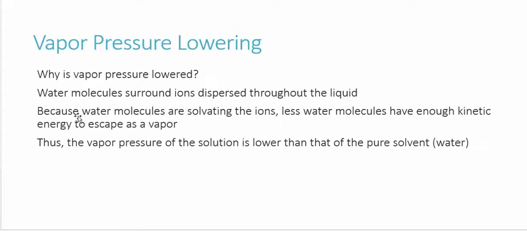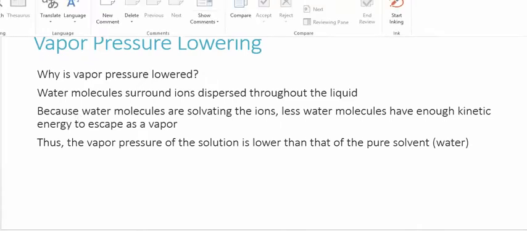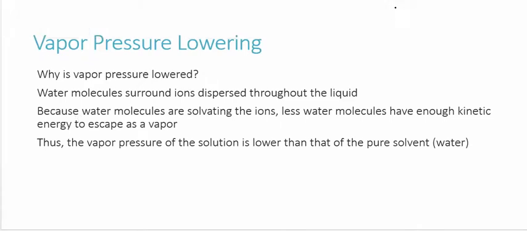So why is vapor pressure lowered? Well, water molecules surround the ions that are dispersed throughout the liquid. So let's say I have sodium chloride as my solute. Water is my solvent. Well, water surrounds these ions. Water is polar, slightly negative, slightly positive, because of the lone pairs on the oxygen.